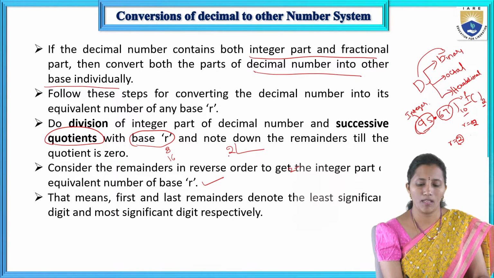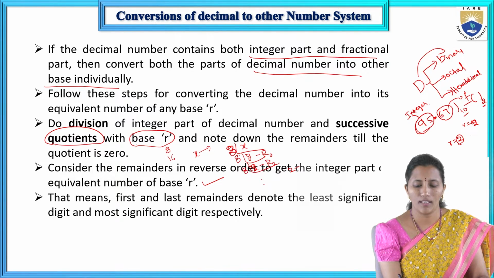For example, if we have a number x to convert into an octal number, we divide x by 8 and note down the remainder at each stage, and take the quotient y. Again we divide y by 8 and take the quotient and remainder.